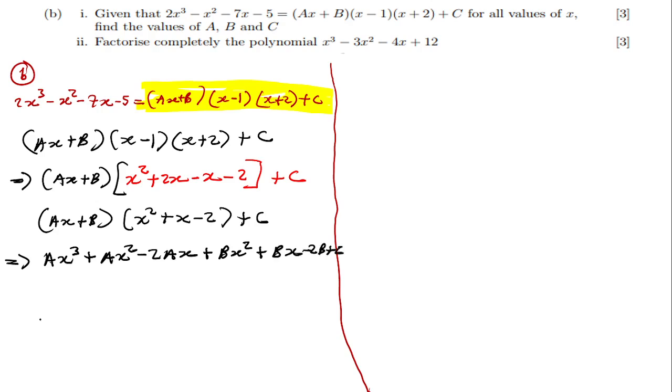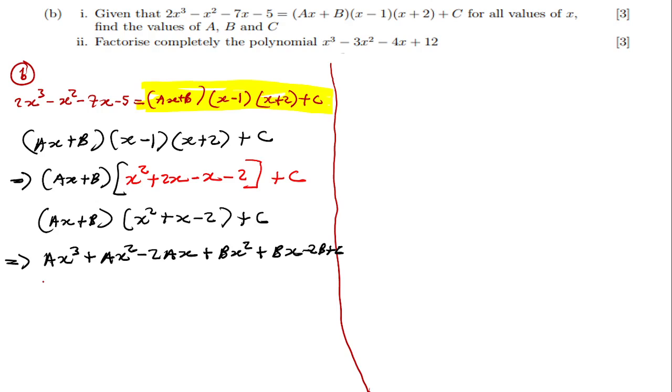After I do that, my next step is to simply group them according to the like terms. So cubed is alone, so I'll say ax cubed is alone, then plus ax squared is with that one bx squared, so I'll say bx squared.